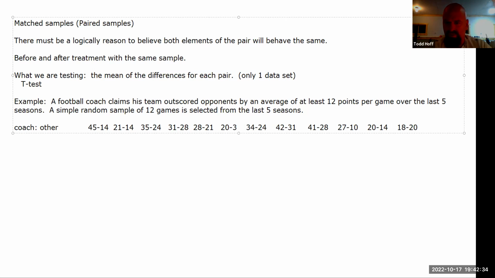So the last game was the only one of the random sample that they lost.